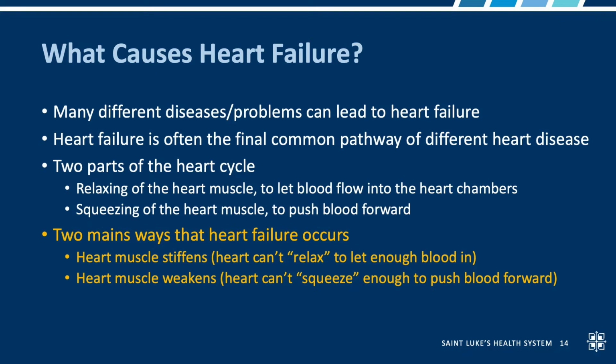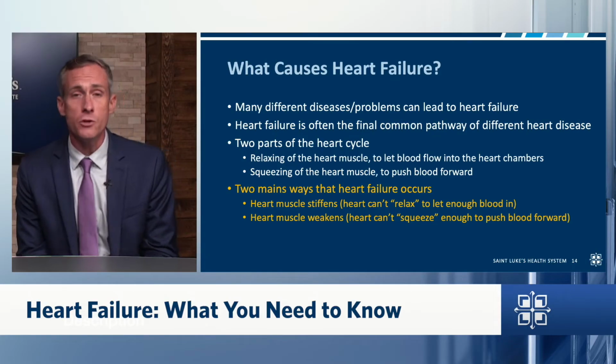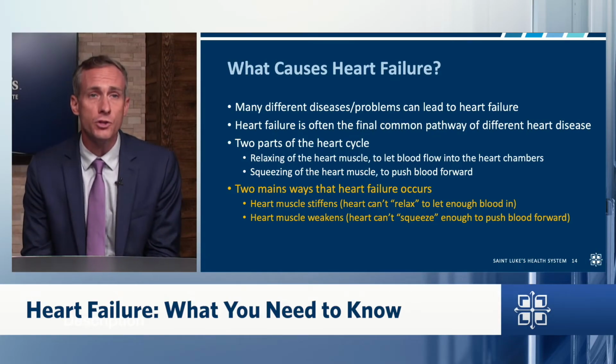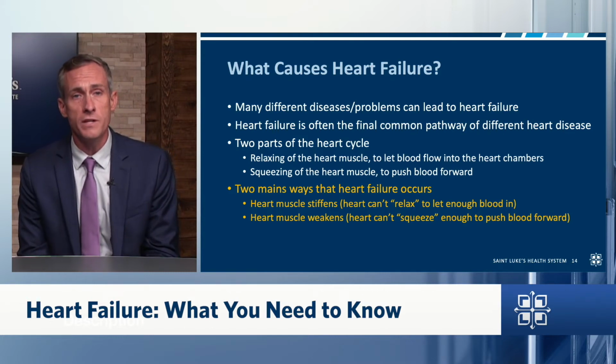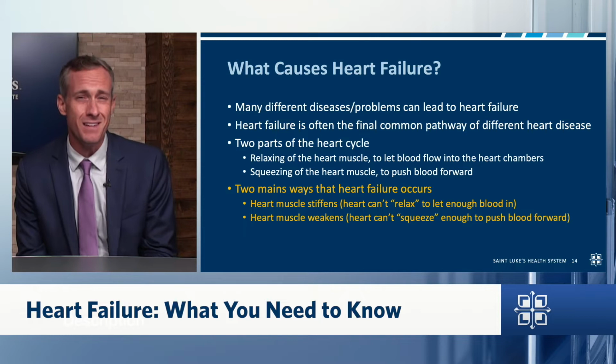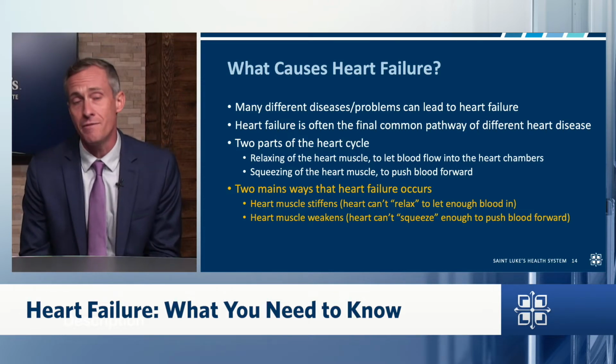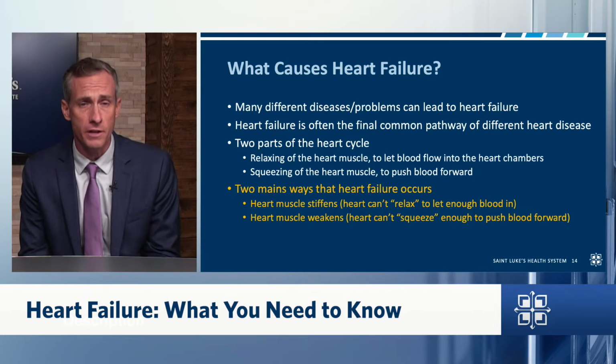But also squeezing of the heart muscle, that thing I called systole, that can also be a problem when the heart's squeezing to pump blood forward. So because there are two parts of the heart cycle, there are two main ways that people can develop congestive heart failure. One is that the heart muscle stiffens, and then it can't relax well enough to let blood in during diastole. We call that diastolic heart failure.